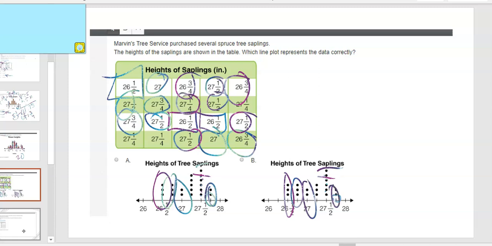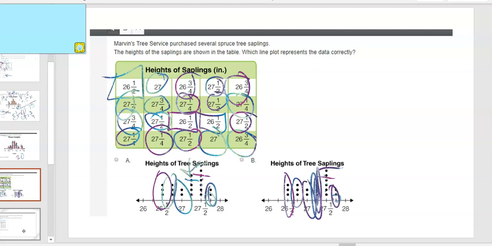Now I have 27 1/4. 1, 2, 3, 4. 2, 3. So it would be this one, because I have 27 1/4 with 3 of them.